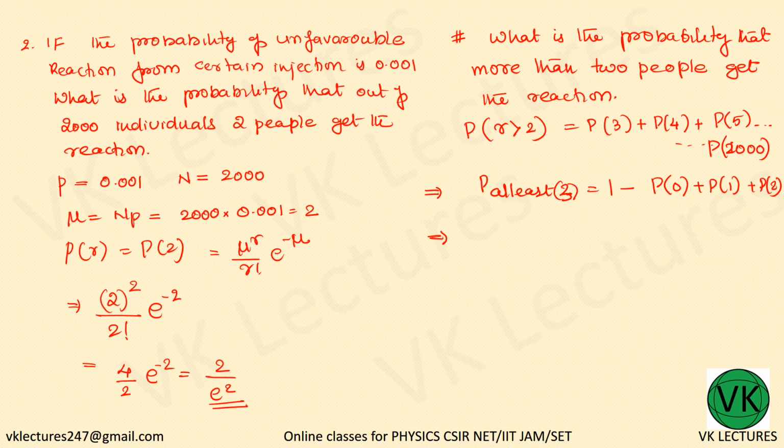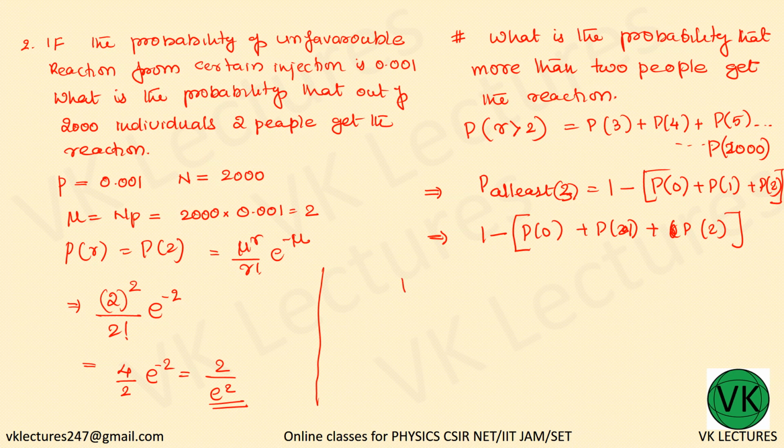So 1 minus, we need to find P of 0 plus P of 1 plus P of 2, and this should be in a bracket. So that gives us 1 minus P of 0.